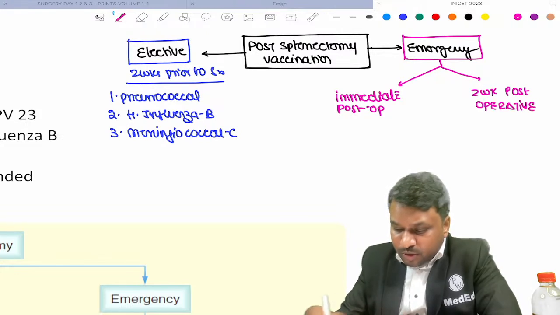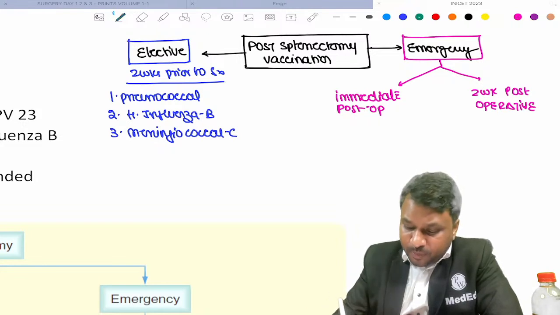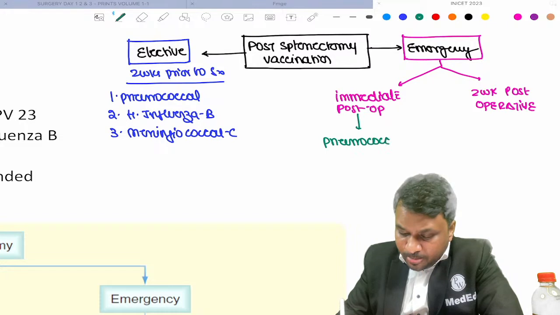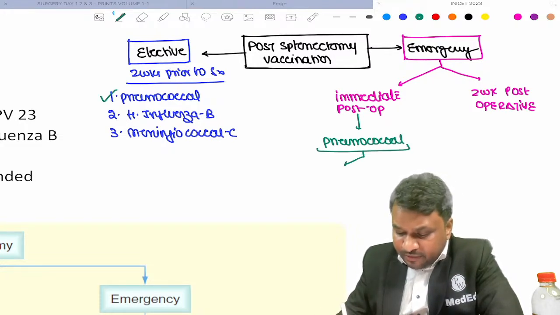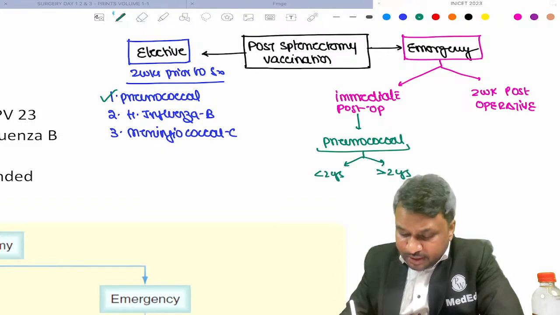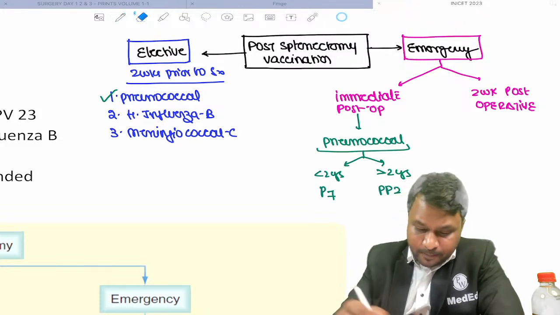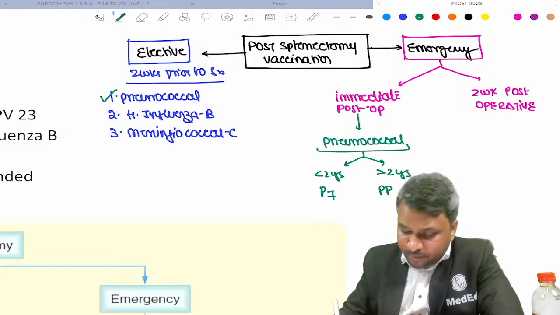In the immediate post-op, we have to give pneumococcal. No matter when you give pneumococcal, remember, we'll see if the patient is less than 2 years of age or more than 2 years of age. If it is less than 2 years, we'll give PCV 7. If it is more than 2 years, we'll give PPV 23.